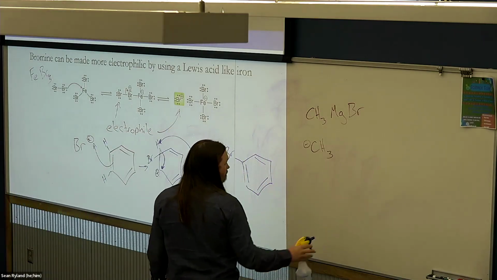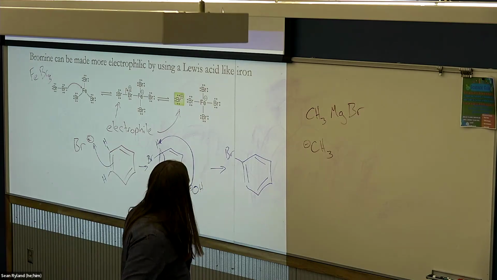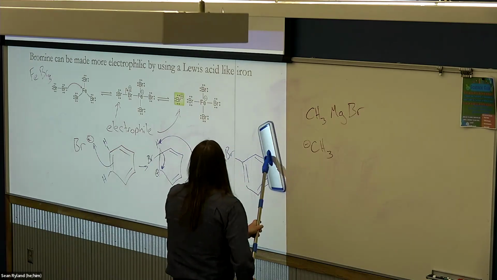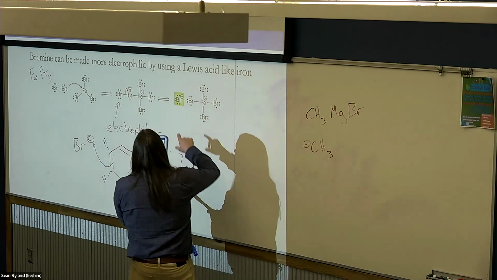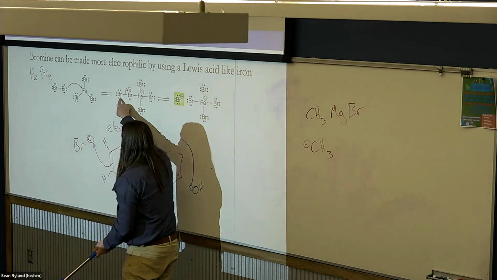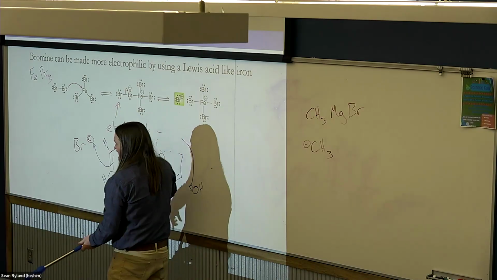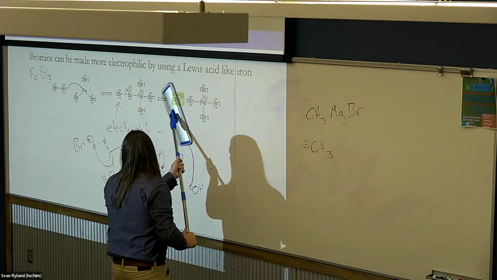This is how you make them. You're taking this bromine and having it attack a bunch of electron density.